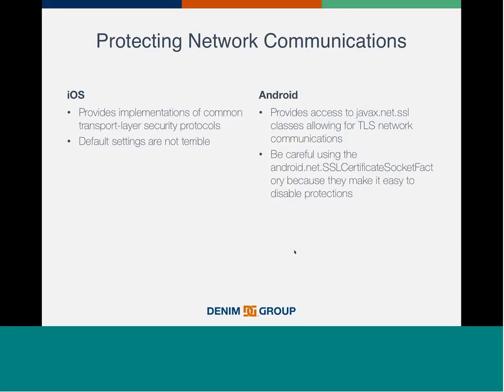Again, a general piece of advice here is pay attention to code that runs in development versus code that runs in production, and any sort of disabling or weakening of these protections that you expect to be in place. Look for situations where developers may have backed off of these protections in order to make things convenient in development, when that also is going to impact the security of applications in production.